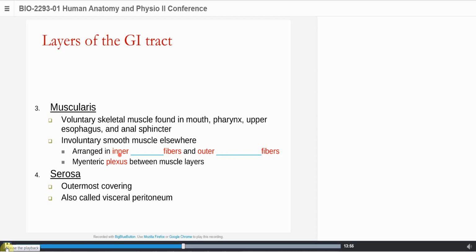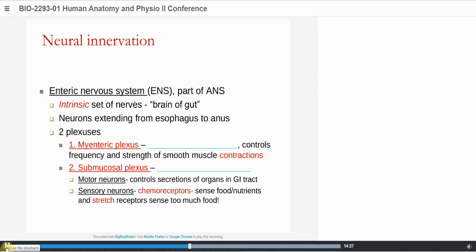There's a few places where there's voluntary skeletal muscle. The muscle fibers themselves are arranged in an inner layer of circularly arranged fibers, so these are circular, and an outer longitudinal. I'm going to write longitudinal up here. You have your serosa, which outlines the rest, except for the esophagus.